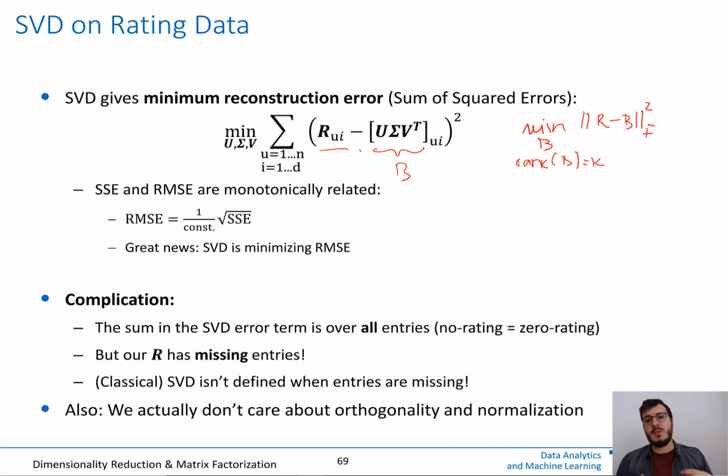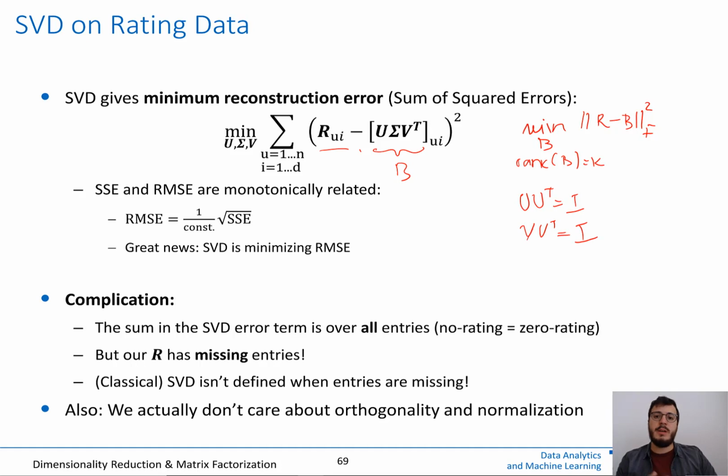And in general, SVD is not a good technique for this kind of task because it cannot handle missing data. It's not built to handle missing data. In addition to this, we also do not really care about the orthogonality and normalization constraints which are imposed by the SVD solution. So if you remember, we know that U transposed U is the identity and V transposed V is also the identity.